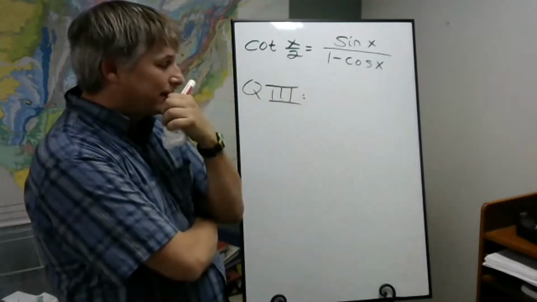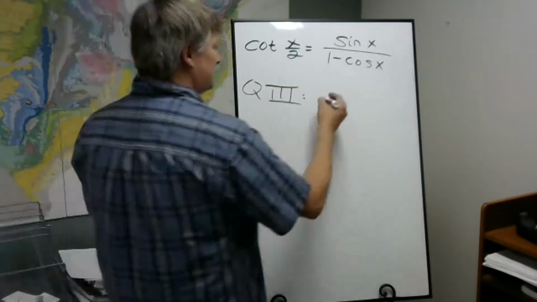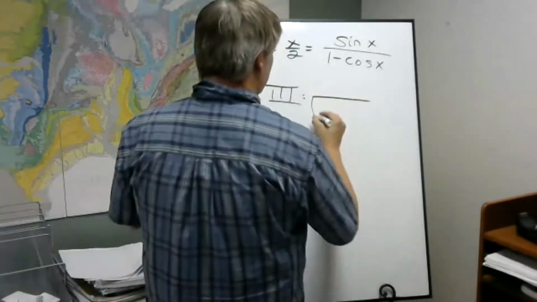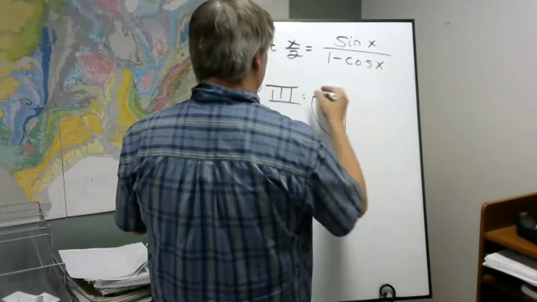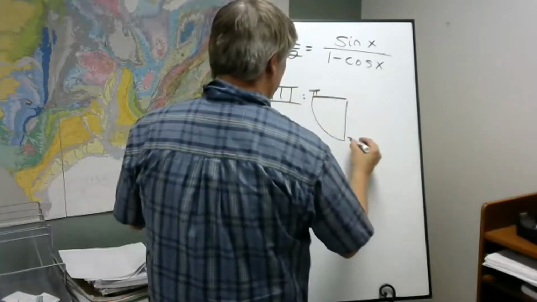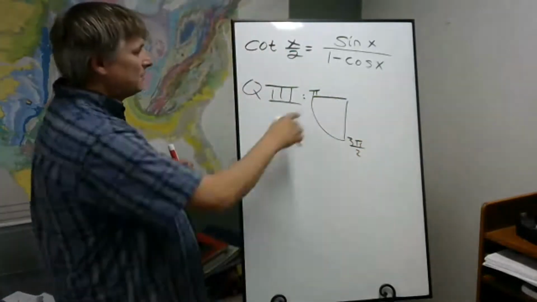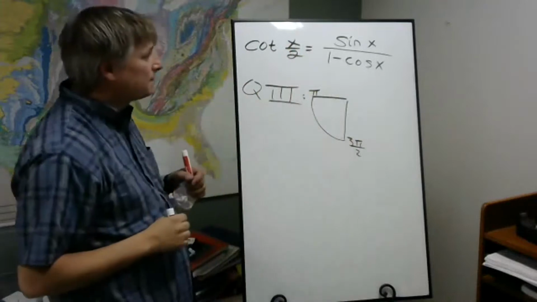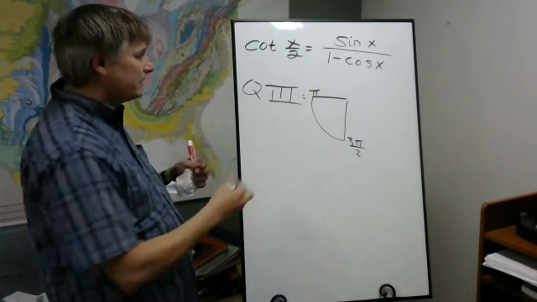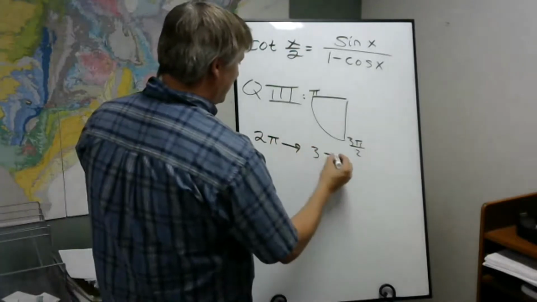Well, you'll end up somewhere between 2 pi and 3 pi, because your third quadrant, so if our x over 2 is pi and x over 2 is 3 pi over 2, well, doubling that would put you from 2 pi to 3 pi.